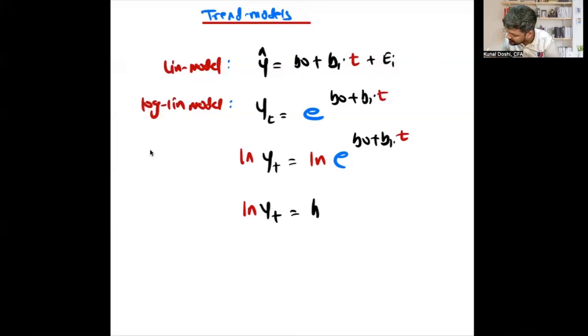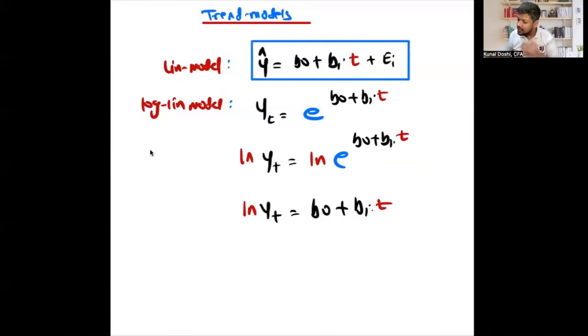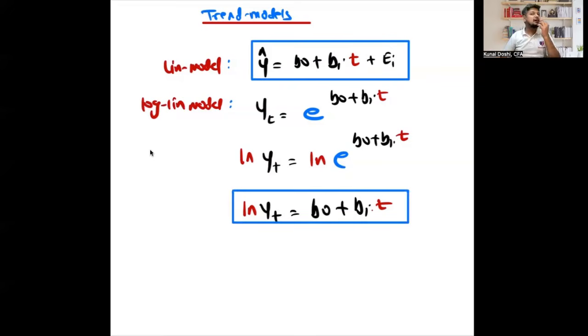So this will get translated into b0 plus b1 t. Now the model becomes perfect. So the conclusion is, the linear model is this, and the log linear model is simply where the y has become the log natural. Understood? This is the final outcome.